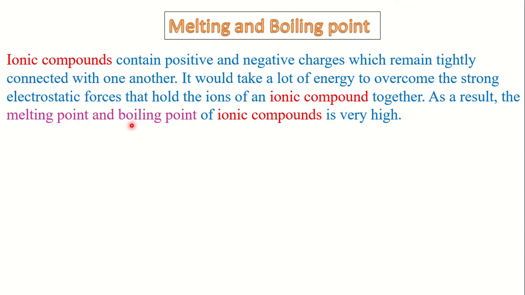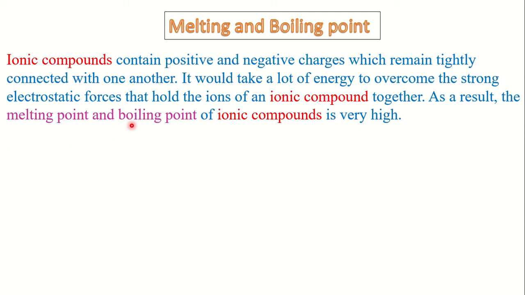I told ionic compounds have high melting point and boiling point, whereas covalent compounds have low melting point and boiling point. Now, why ionic compounds have high melting and boiling point? Ionic compounds contain positive and negative charges which remain tightly connected with one another. You know this.